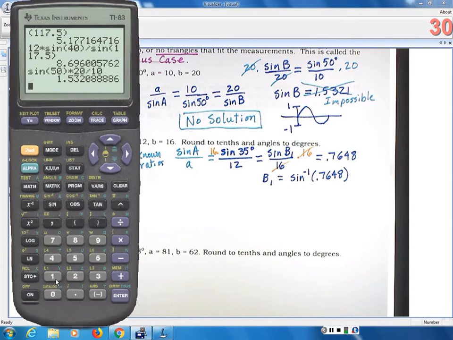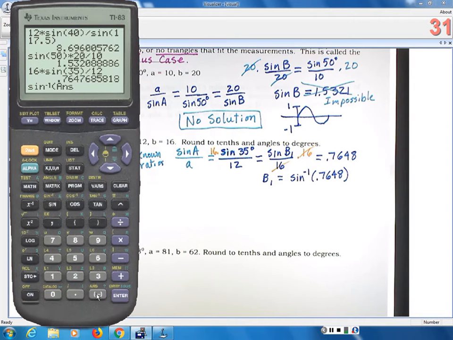If you did 16 times sine of 35, close the parentheses, divide by 12, and now you can do inverse sine of the second answer.